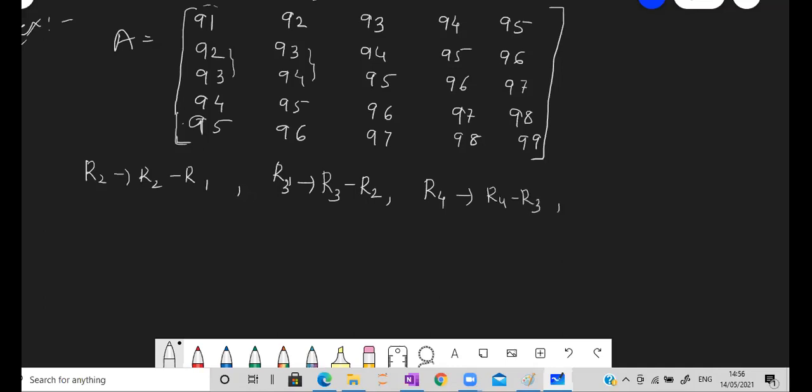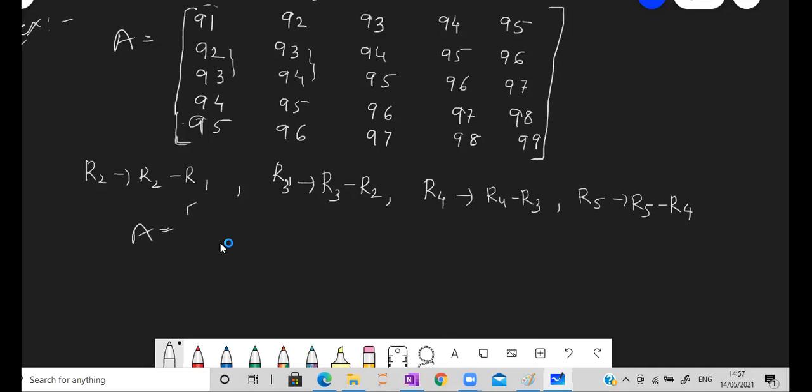Can I apply one more? There are 5 rows, so at once you can apply a maximum of 4 operations. R5 is R5 minus R4. Am I correct? Just see what is happening. The bigger numbers are reducing to smaller ones.